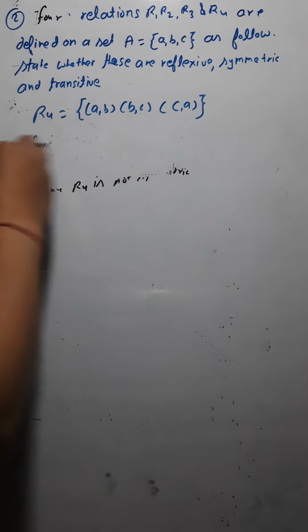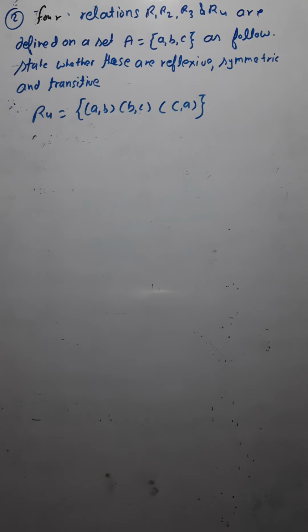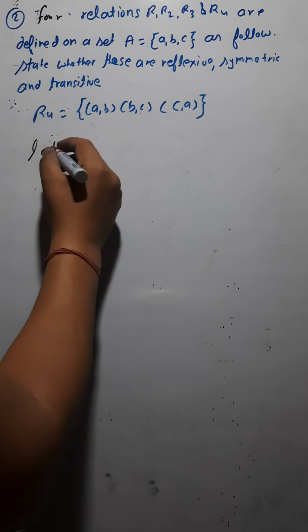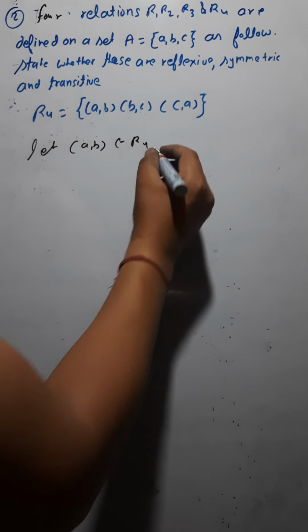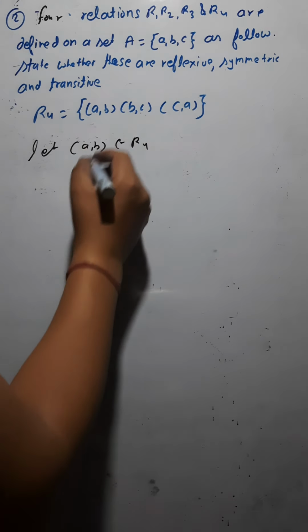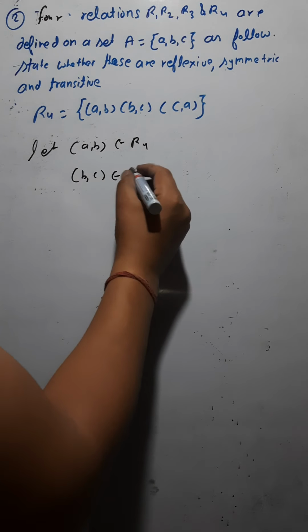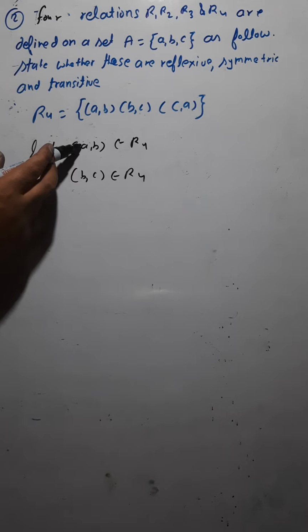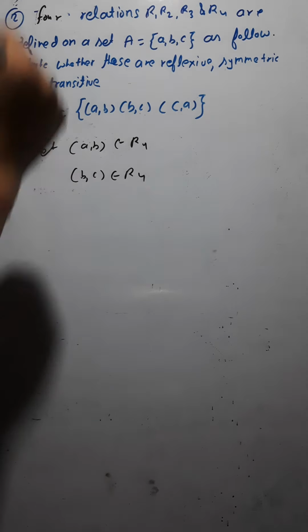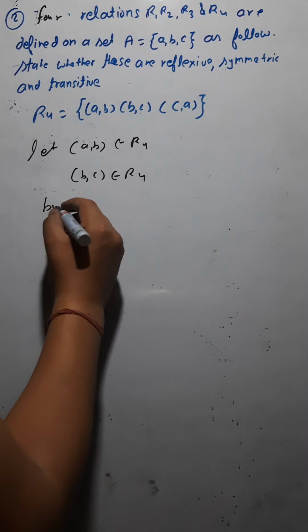So now let's move towards the last one, whether R4 is transitive or not. For transitive we need what? Let's say AB belongs to the relation R4, and then BC belongs to the relation R4. Then what does this mean? If A, B and B, C are there, then A, C also should be there in the relation, but it is not there.